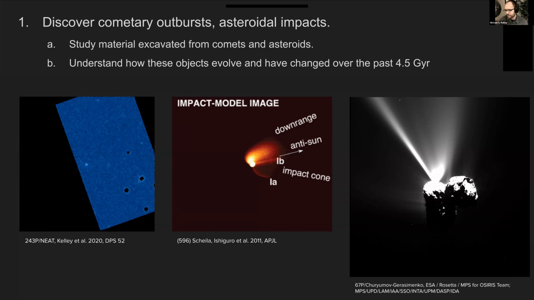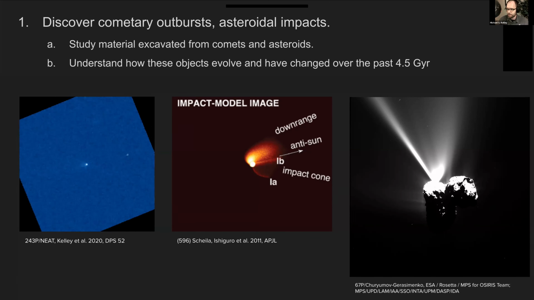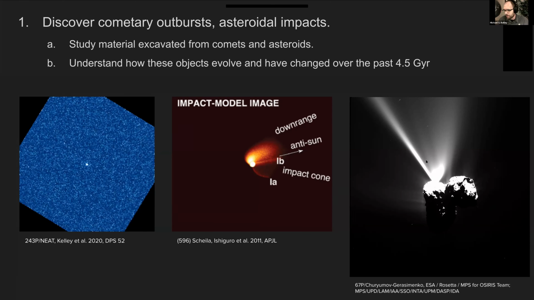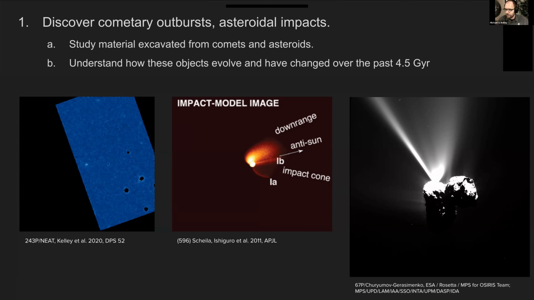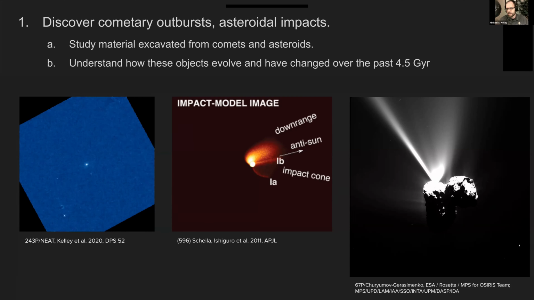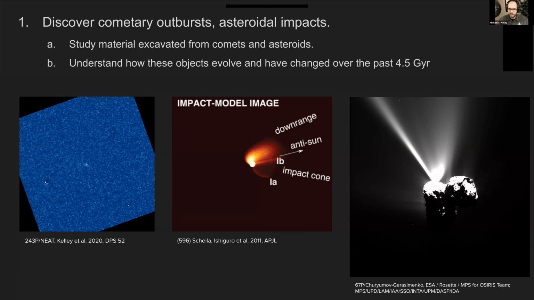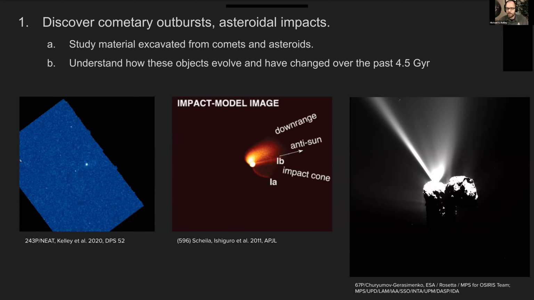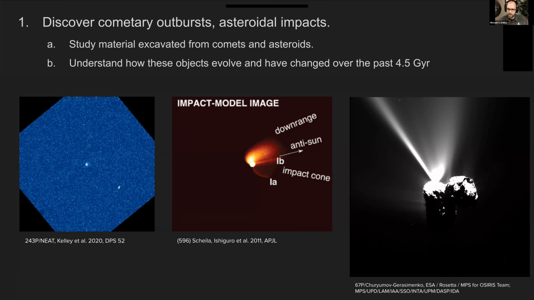For example, on the right, you see Churyumov-Gerasimenko as imaged by the Rosetta spacecraft, and this is an outburst happening, with this bright material coming off the top of it. We may not know the geological context of that, but that excavation still goes into the object and brings us material that may not otherwise have been made available.